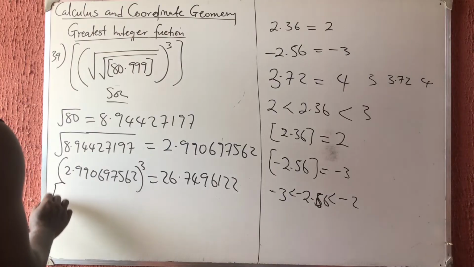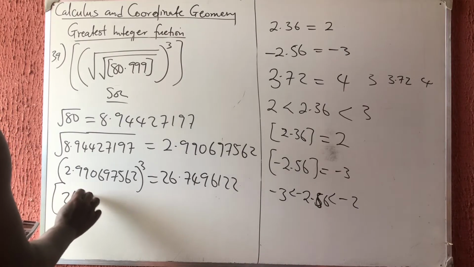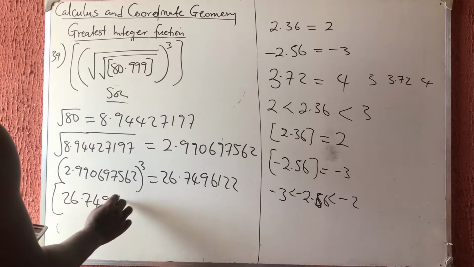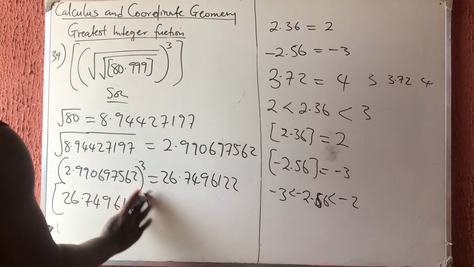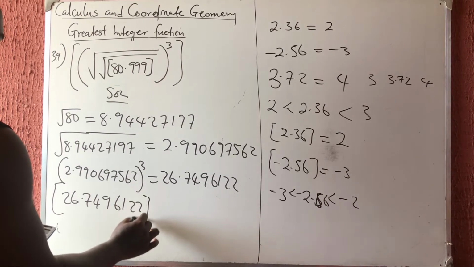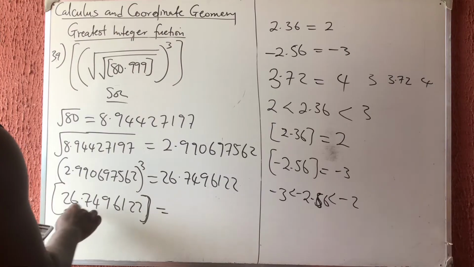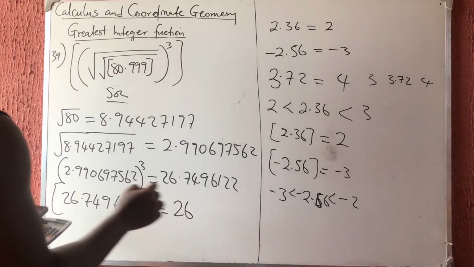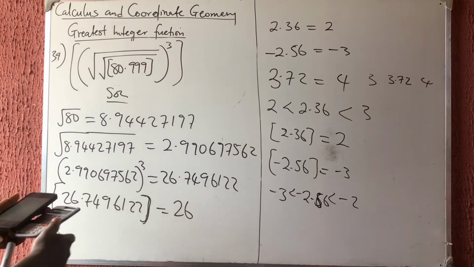Finally, we need the greatest integer function of 26.74962122. It is a positive number, so we just take the whole number, which is 26. Okay, so that is that.